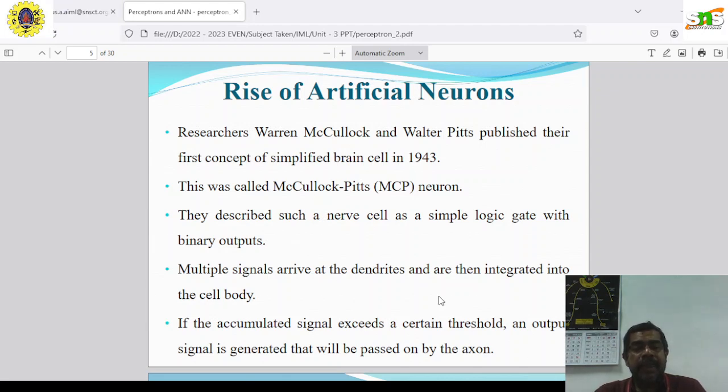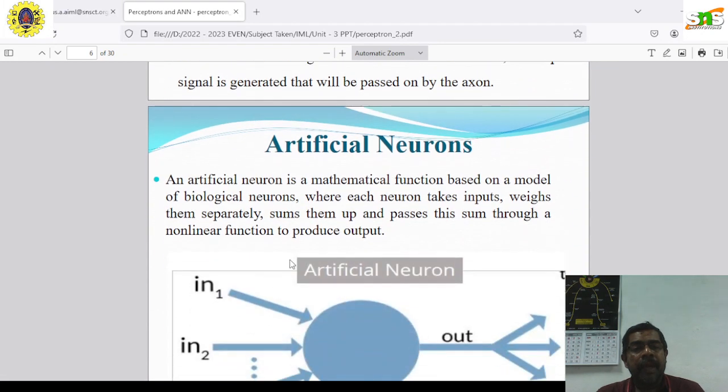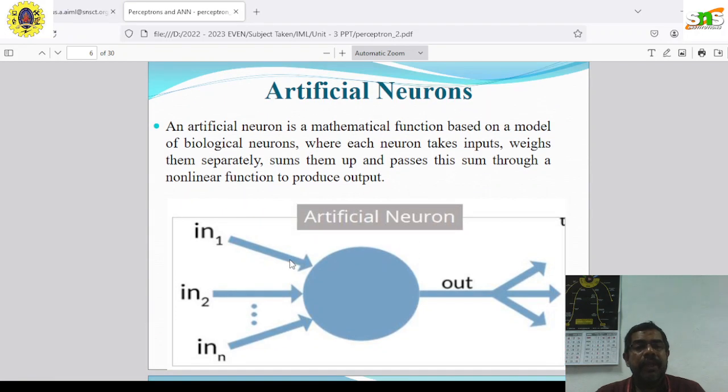Multiple signals arrive at the dendrites and are then integrated into the cell body. If the accumulated signal exceeds a certain threshold, an output signal is generated that will be passed on by an axon. Now we have to see the structure of artificial neurons.